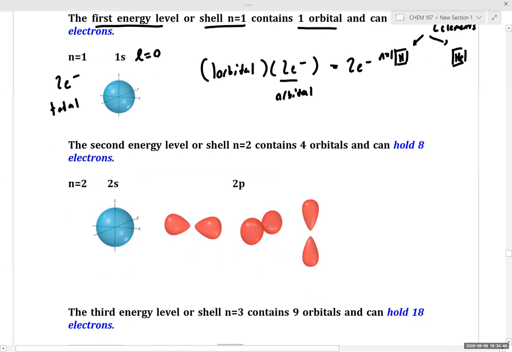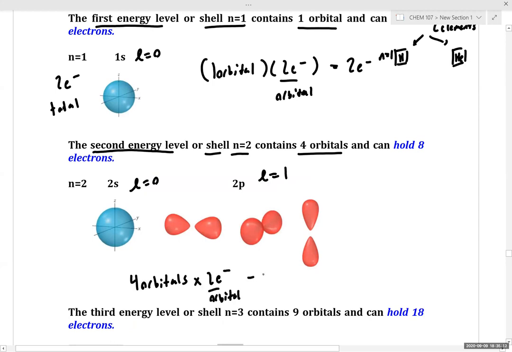The second energy level or shell, n equals 2, contains 4 orbitals. We have our s orbital and our p orbitals. So if we add up our total number of electrons, we have 4 orbitals with 2 electrons per orbital, and that gives us 8 electrons total in our n equals 2 shell.